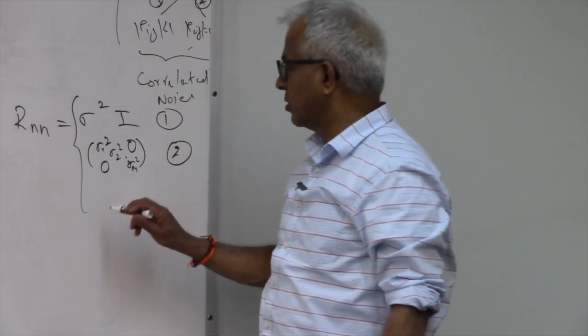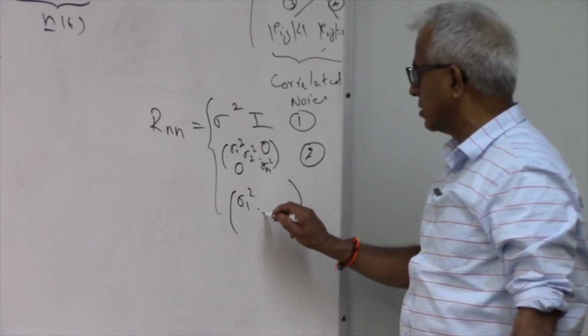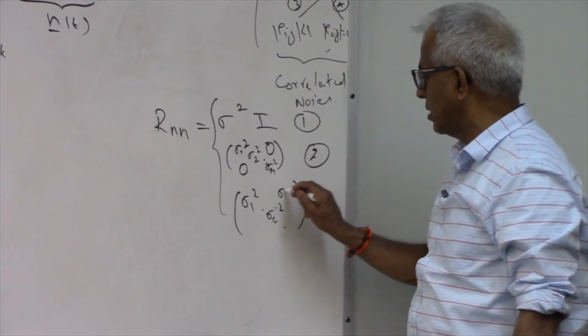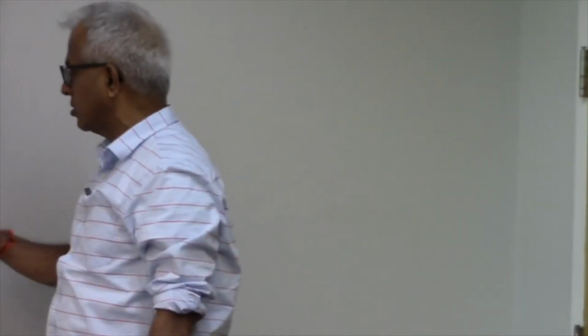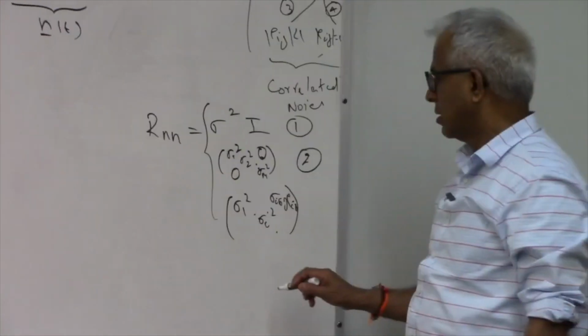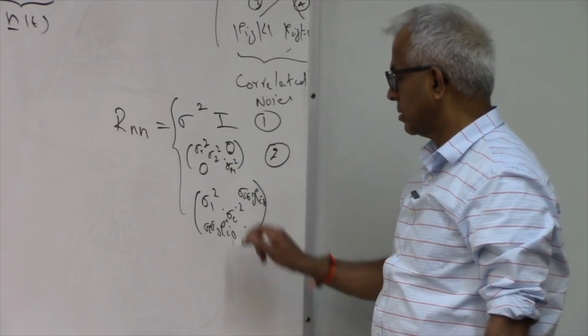And case 3 and 4. Case 3 looks like this, right? So sigma 1 squared, etc., sigma i squared. But here also you have sigma i, sigma j, rho ij. This is not 0 like here, right? So sigma i, sigma j, rho ij star.